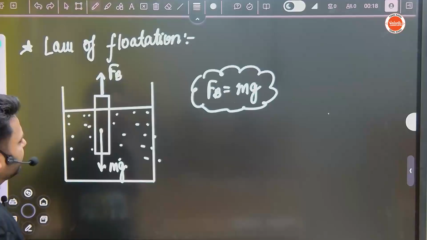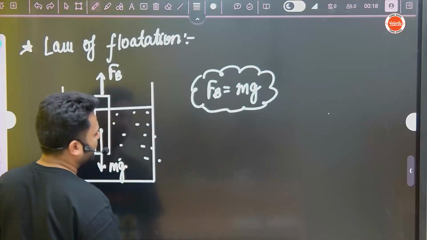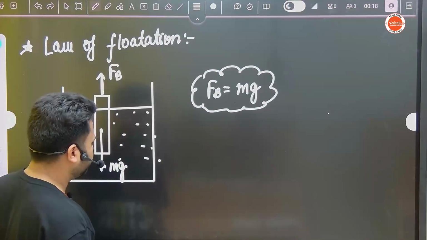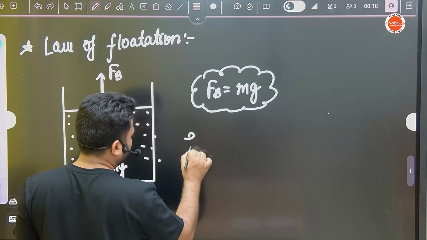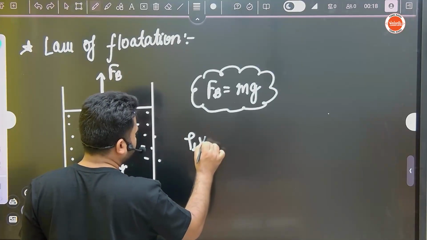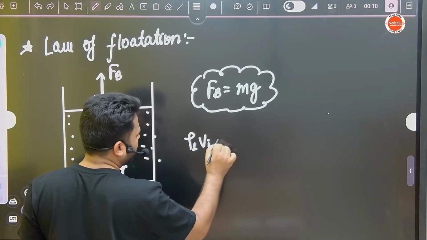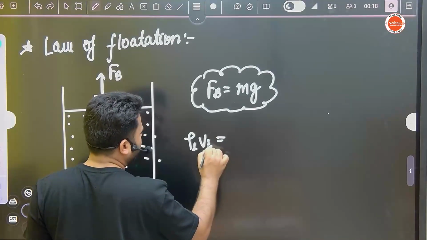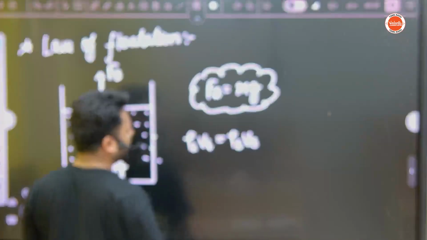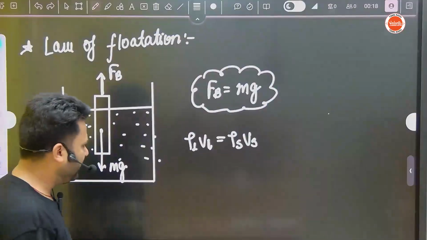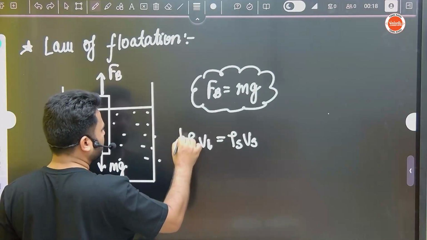Now if you put the values, what you will get? Rho 1 V1 equals rho S Vs. I will explain what this is.